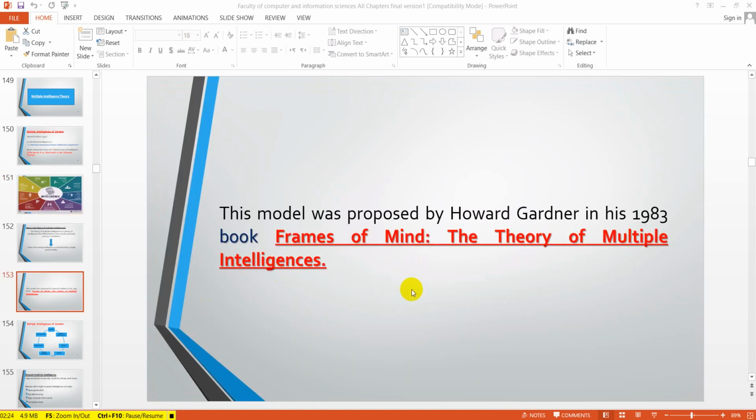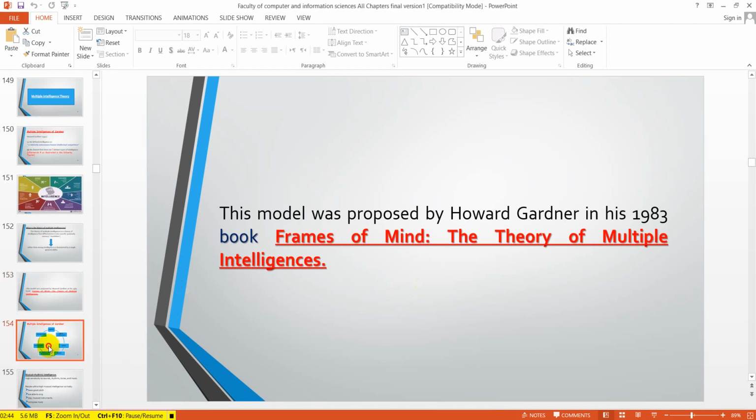His seven component model was introduced in his book Frames of Mind, the Theory of Multiple Intelligences, which was published in 1983.